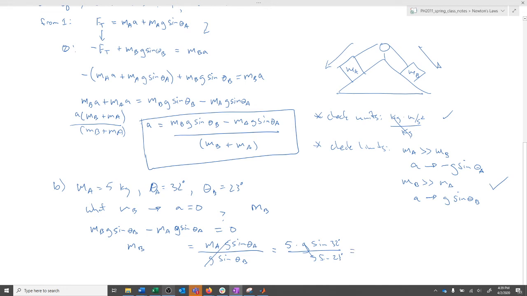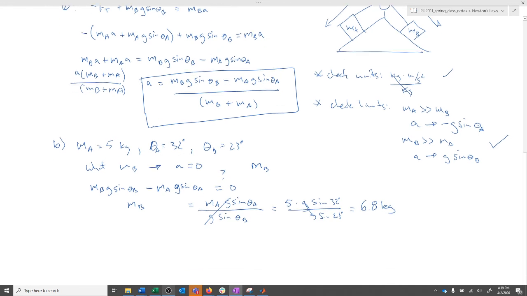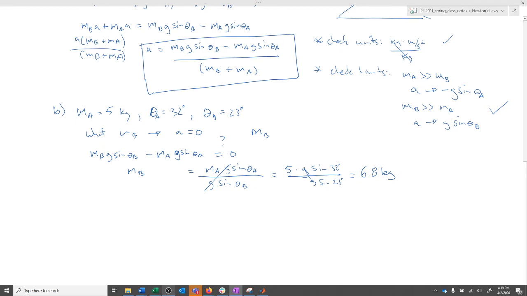If you crunch the numbers, you find that this would be a mass of 6.8 kilograms. So that would be the mass where, if the system was just at rest, it would stay at rest based on these angles and a mass A of 5 kilograms.